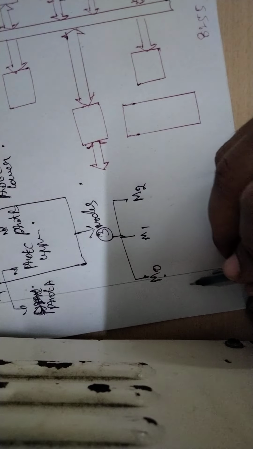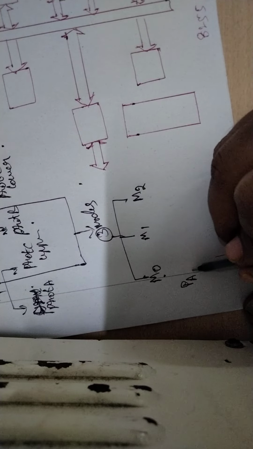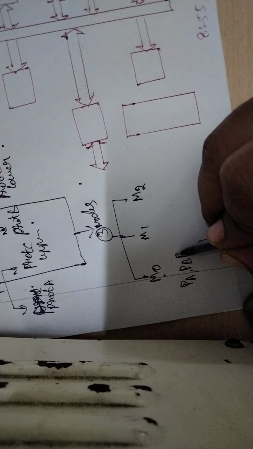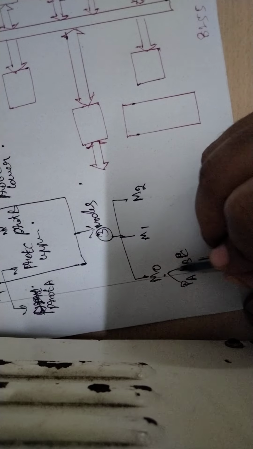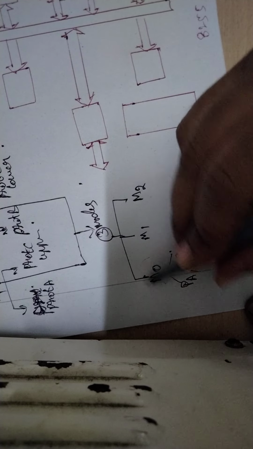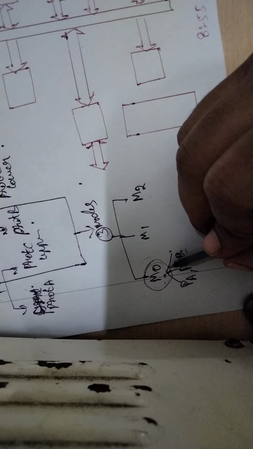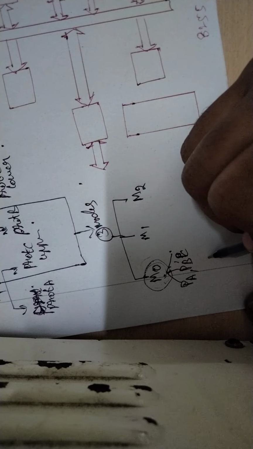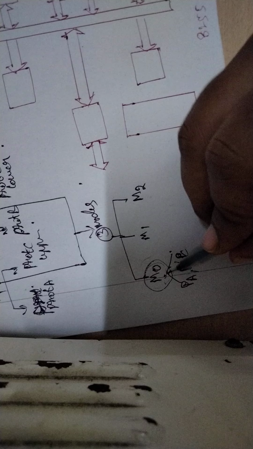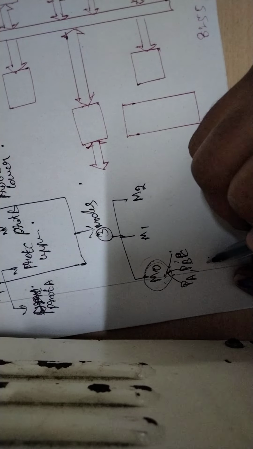In mode 0, all ports, port A, port B and port C, are activated. Mode 0 does not have any handshaking signals.